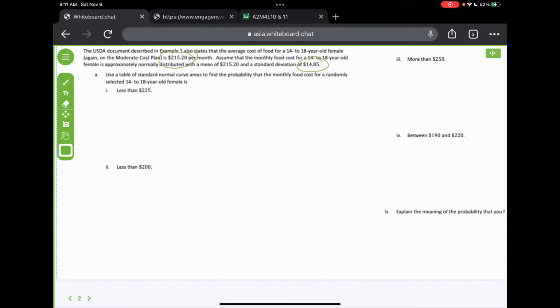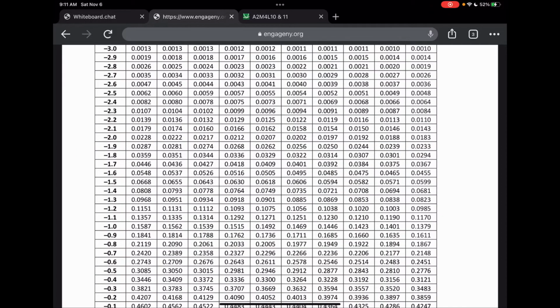So we're going to say less than 225 is 225 minus $215.20, all divided by $14.85. The z-score then is 0.6599.